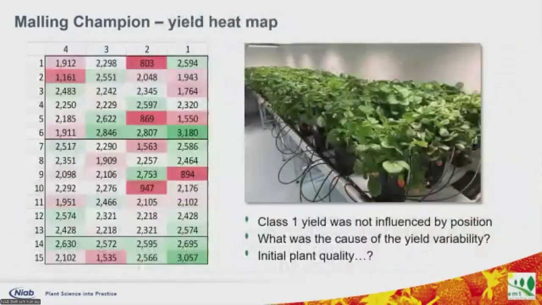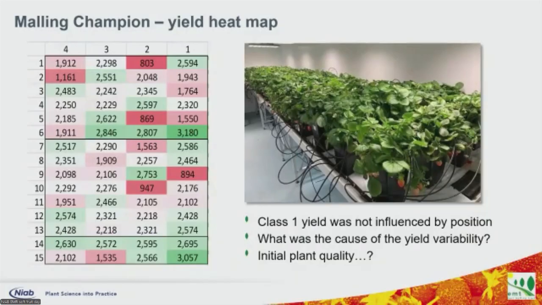Looking a little bit closer at the grow room, with this heat map we try to demonstrate the low yields with red and high yields with green. We saw differences amongst different plants, but it wasn't correlated with position. So there was no edge effect or anything like that.